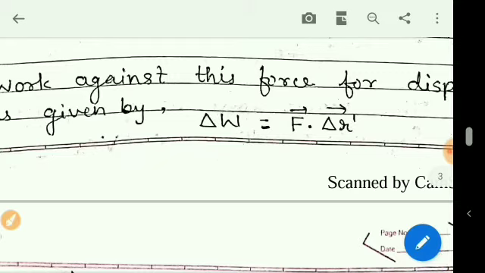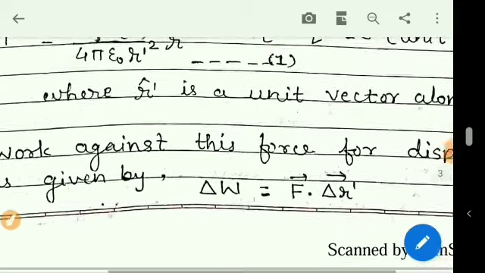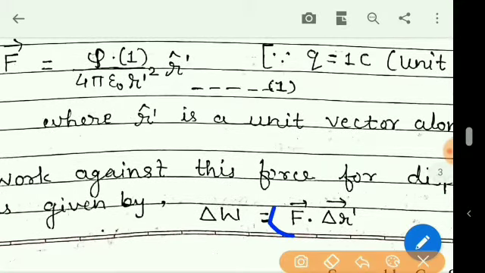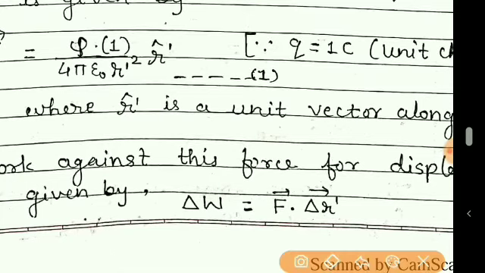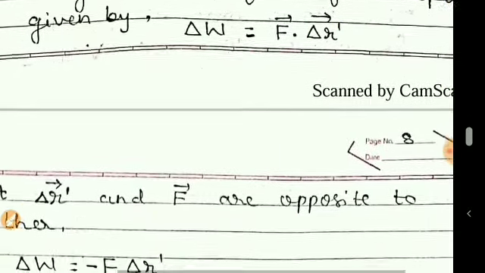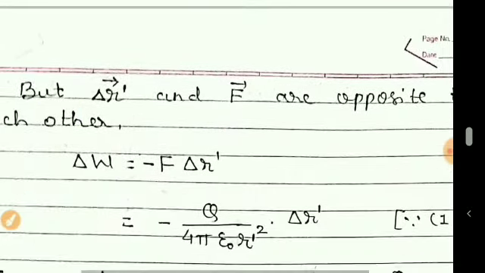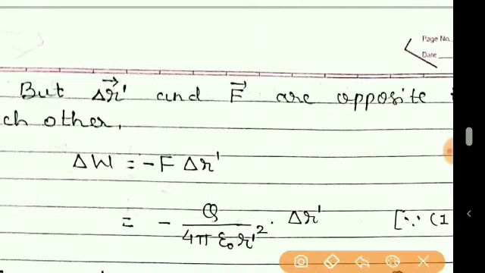The value of this force will be from equation number 1, and as the force and the displacement are in opposite directions as we have seen earlier, when we remove the dot product between the force and the displacement, there will be a negative sign.